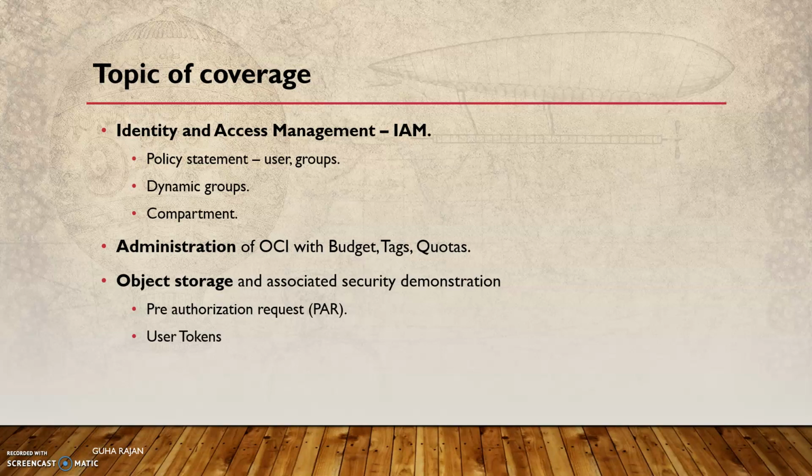I'll be discussing the object storage and the security related to it, generally called PAR, the pre-authenticated request, and how to store it through the CLI using user tokens. I'll be discussing that as well.